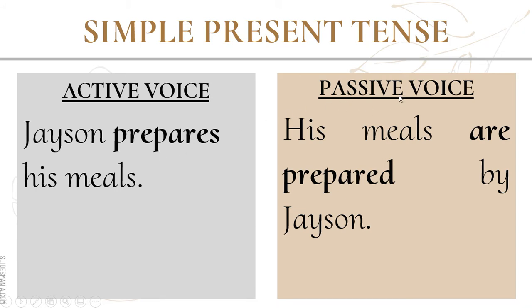Now, as for the passive voice, take a closer look. His meals are prepared by Jason. Right? So, we're going to actually change the subject. Okay? Put the receiver of the action into the first part of the sentence, his meals. Okay?